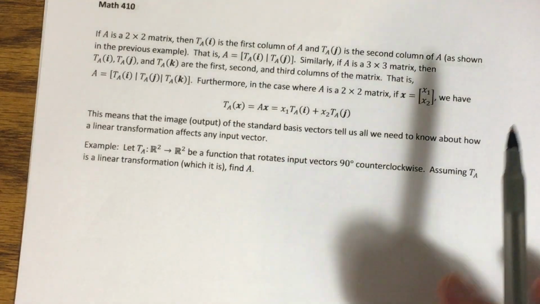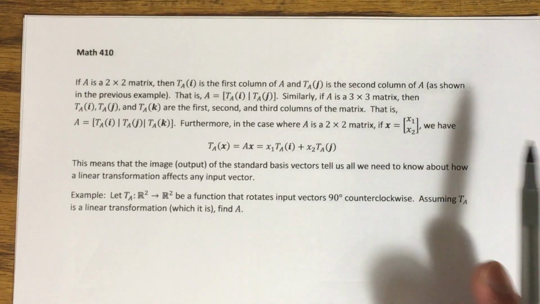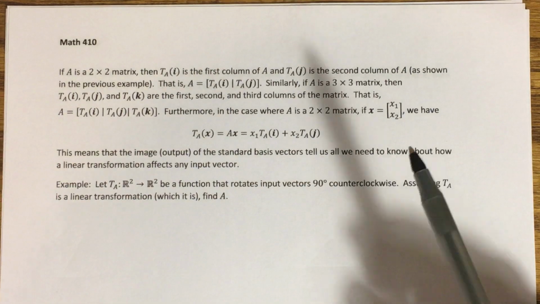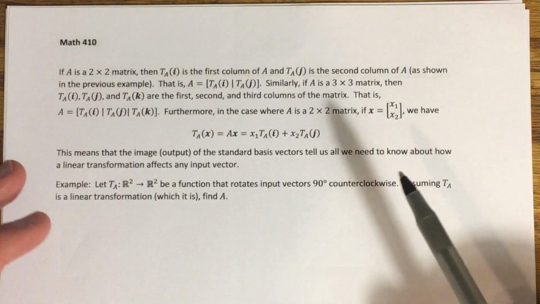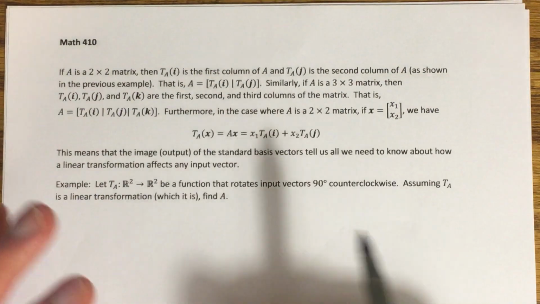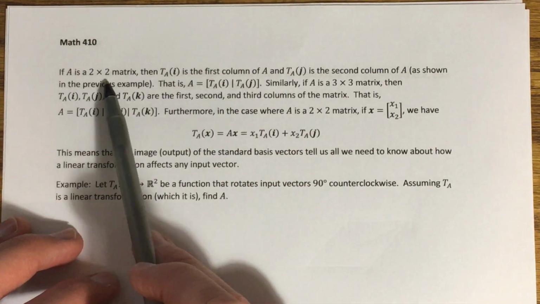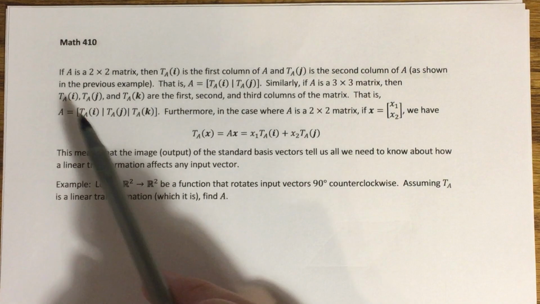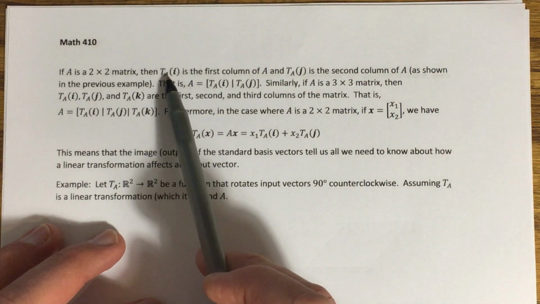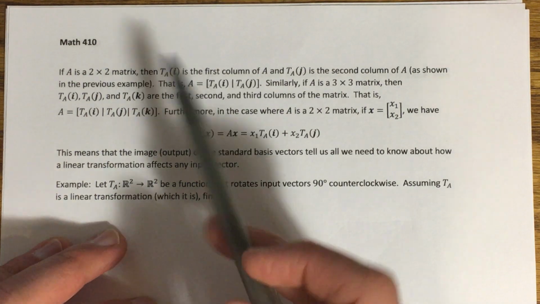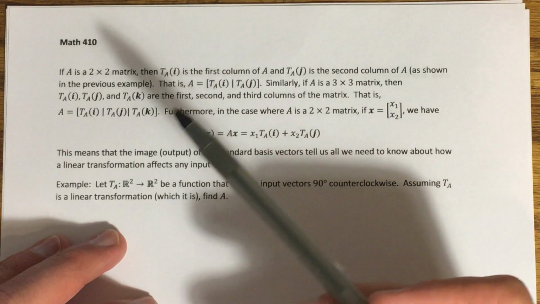Let's combine some of these facts into something that we can use. The notation might be a little bit tricky, but we're talking about partitioned matrices here, so hopefully we've had enough practice with that idea that you can understand this. Suppose A is a 2 by 2 matrix. Then what we showed in that previous example was that if you multiply A times your standard basis vector i, the result is just going to be the first column of whatever A was.